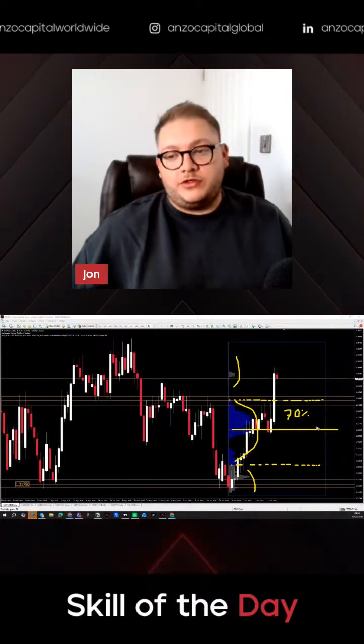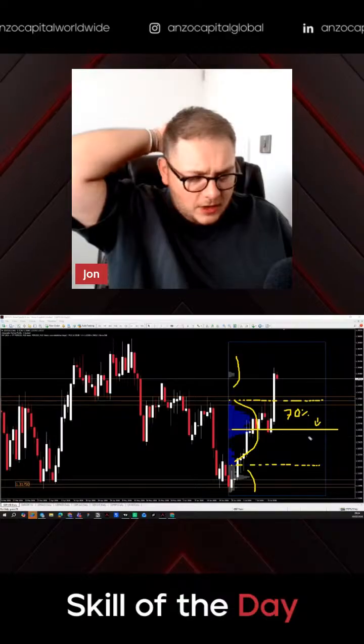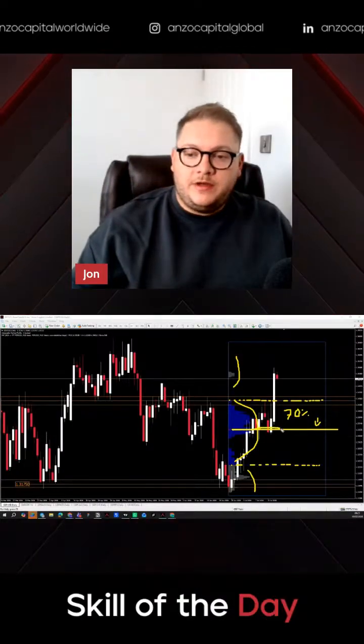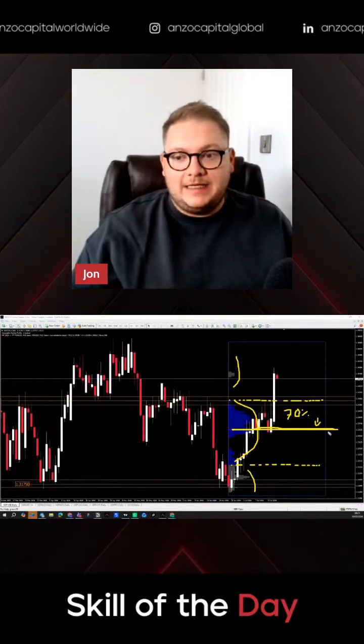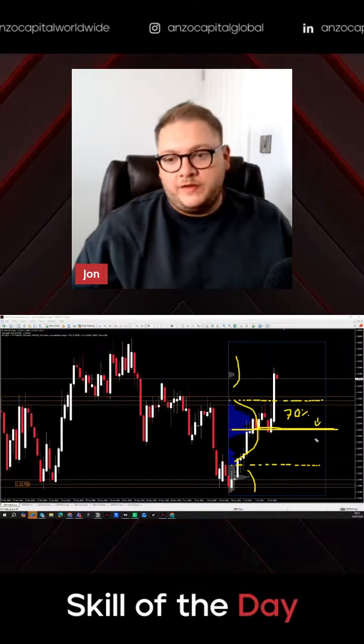That's why the point of control is a highly used reference in market profile, because it shows you where the most trading has been done within the given period you've selected. That means it could be a strong level of either support or resistance.